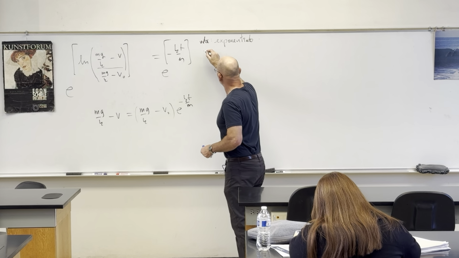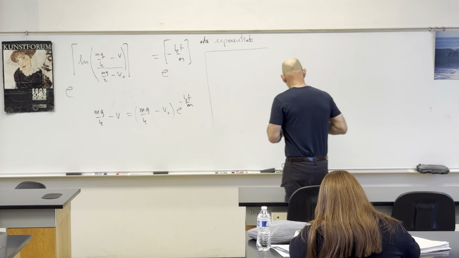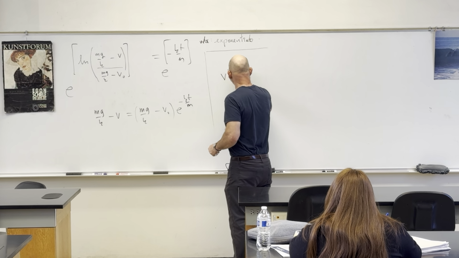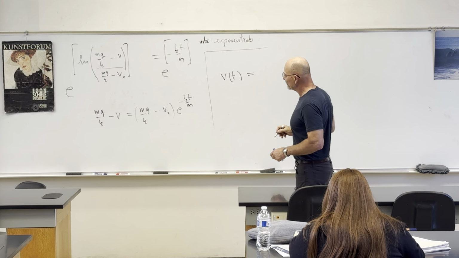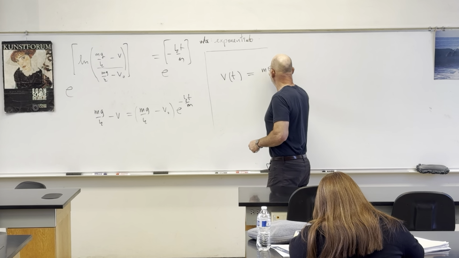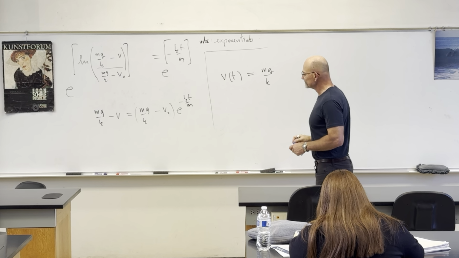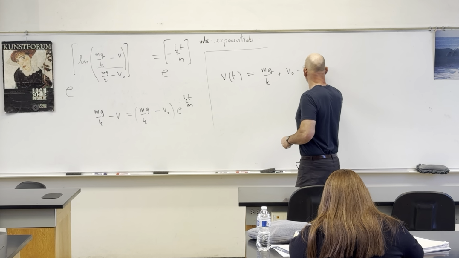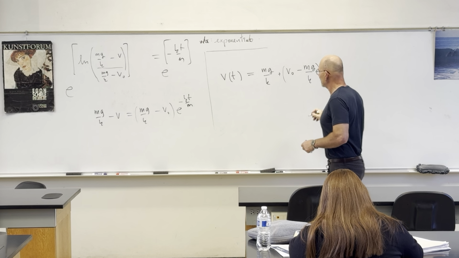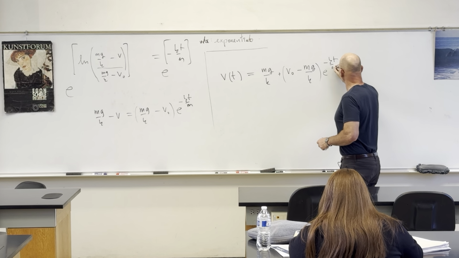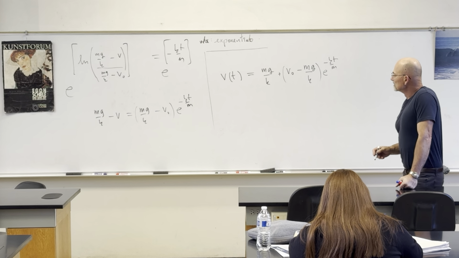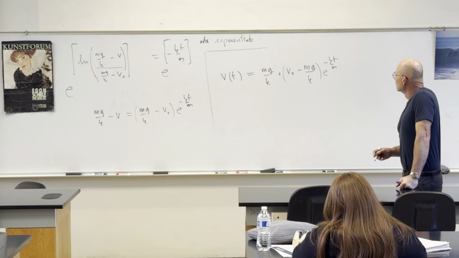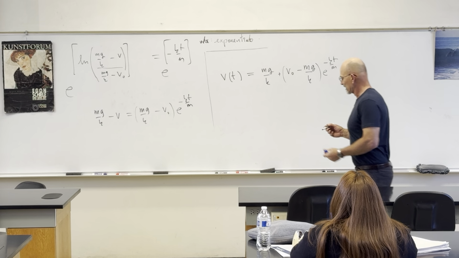So I think the result that we're looking for is v of t equals mg divided by k plus v naught minus mg divided by k, times e to the minus kt over m. I think that's right.